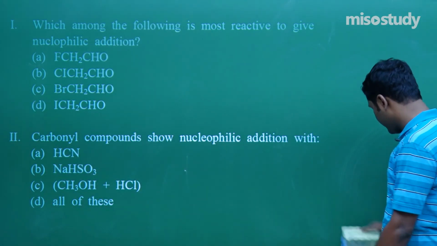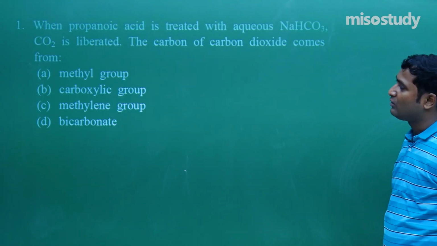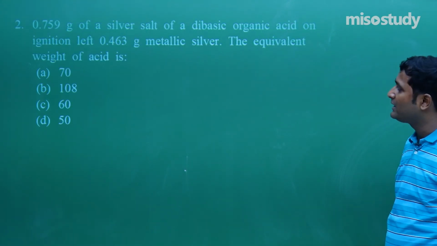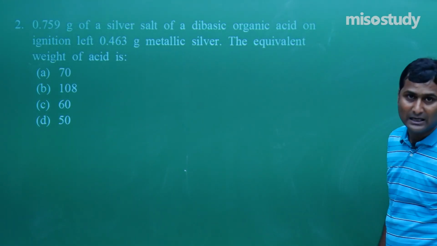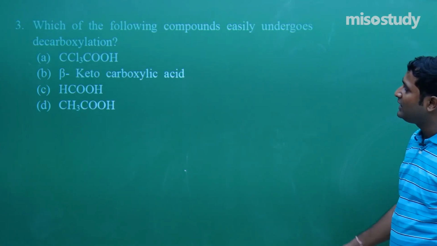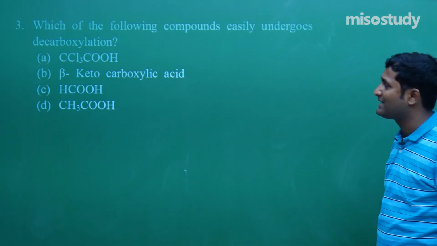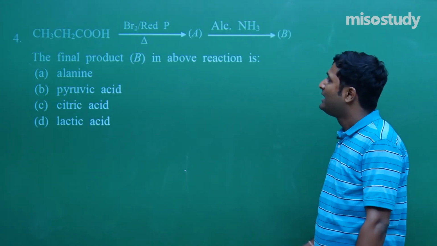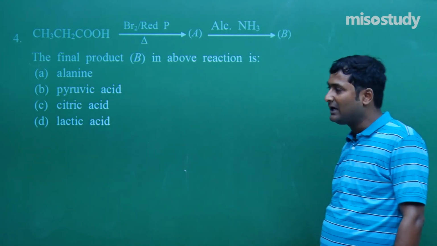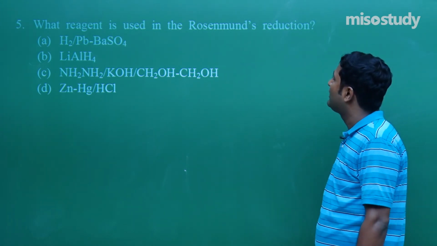Wait for a moment. Now let's move to the revision, starting with question number 1. For question number 1, as I told you, it is bicarbonate. For question number 2, A is the correct option. For question number 3, which of the following compounds easily undergoes decarboxylation, the beta keto carboxylic acid, due to the presence of the keto group. For question number 5, A is the correct option, Rosenmund reduction.